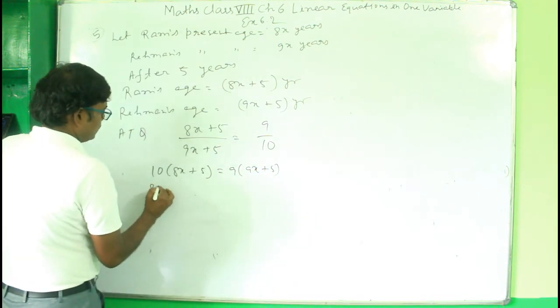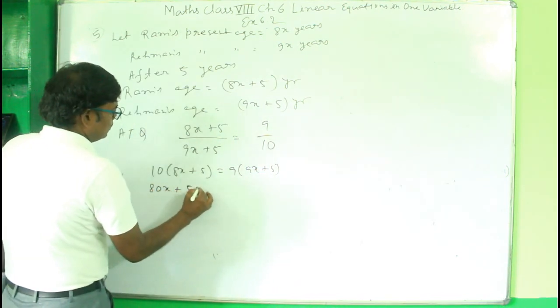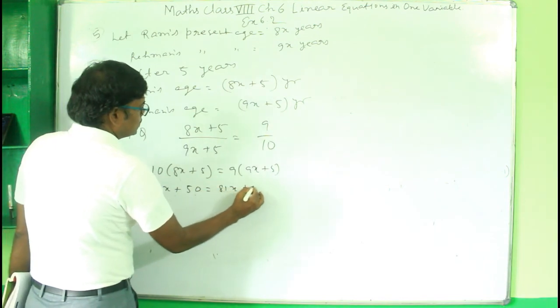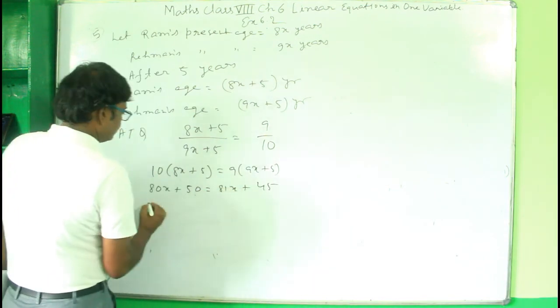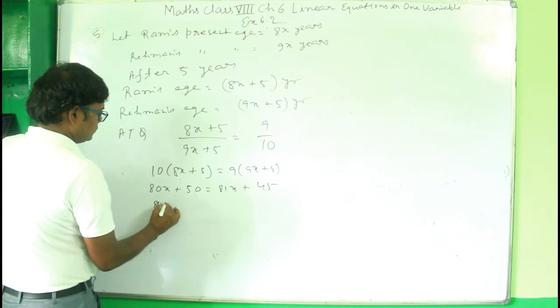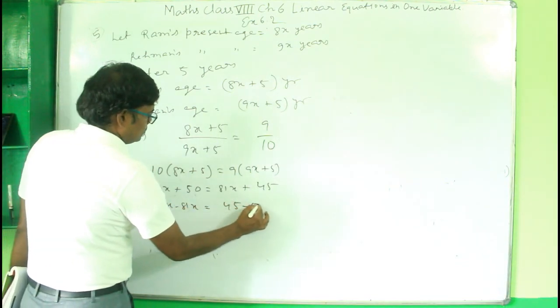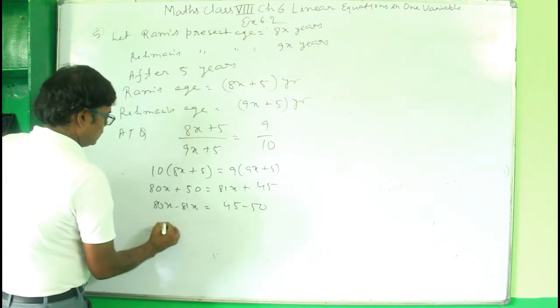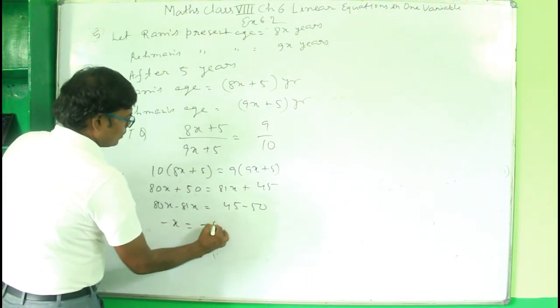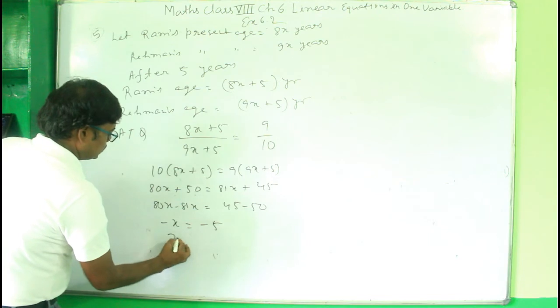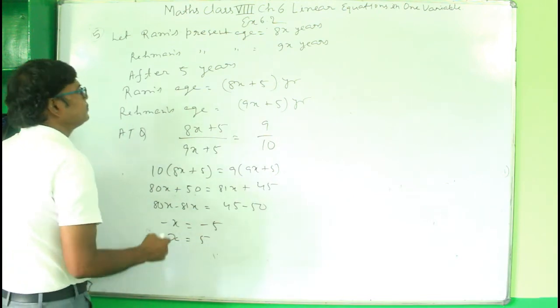So 80x + 50 = 81x + 45. So you have here minus x equal to -5, so x equals 5.